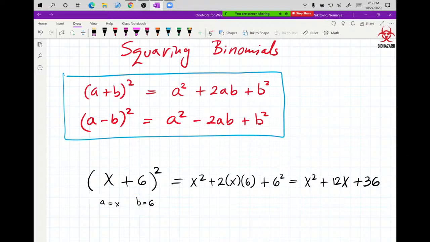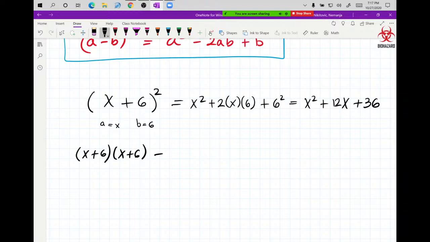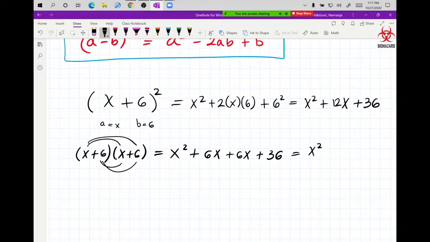So if you write this out and multiply the way we did in the last lecture, x times x is x squared, x times 6 is plus 6x, then 6 times x is plus another 6x, plus 36, and you see that the middle one is twice, right? So that's where the 2ab comes from in the formula.